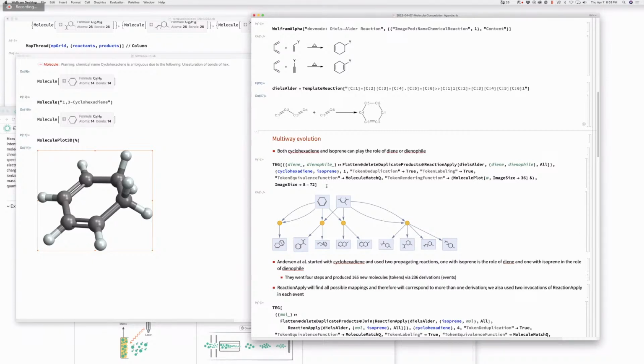Okay, so let's take a look at what you're doing here. This is pretty cool, actually. So this here is a token event graph where you're taking at every step the two elements that are used in this reaction.